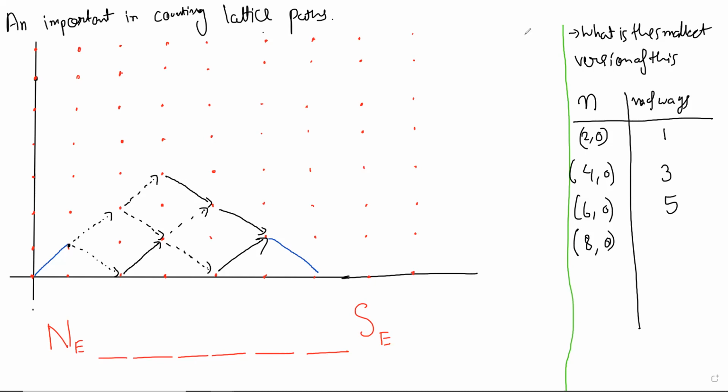So this will not be this. Here we have 3 NEs and 3 SEs. So it will not be more than 6 choose 3, which is 20. But it will be less than 20.